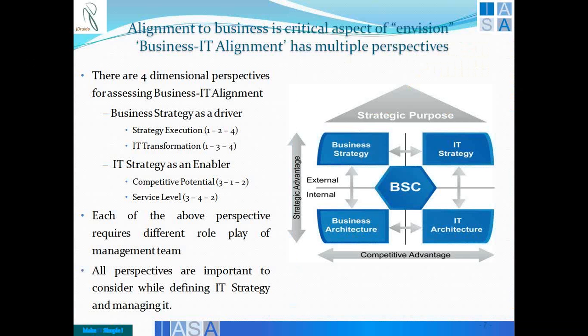We also know that business strategy and business architecture have to be dependent. But how are they on the lateral scale? That is, how do you drive IT strategy based on a business strategy or vice versa? And how do you derive IT architecture out of business architecture? These are some of the things which, in different quadrants, enable a successful alignment of business and IT.